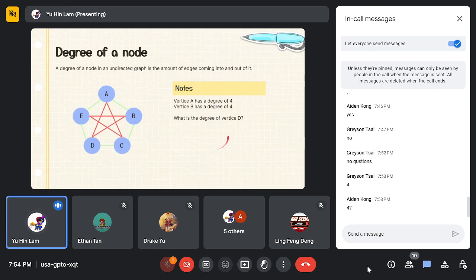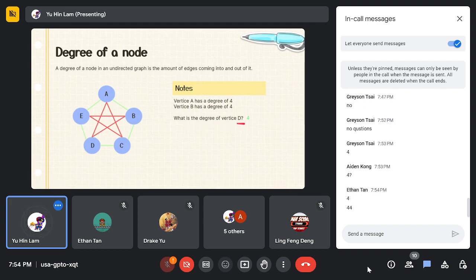Okay, yes, the degree of our vertex D would also be 4, since we have 4 lines, 1, 2, 3, 4, either coming into D or out of D.